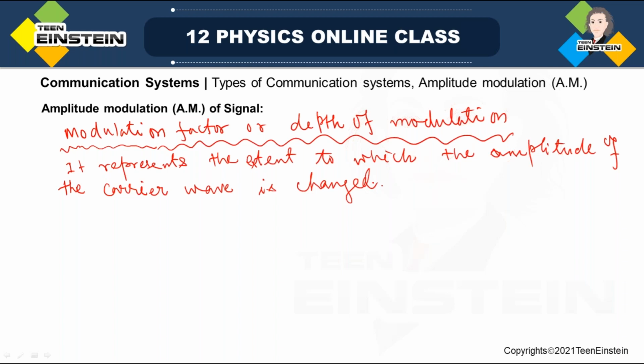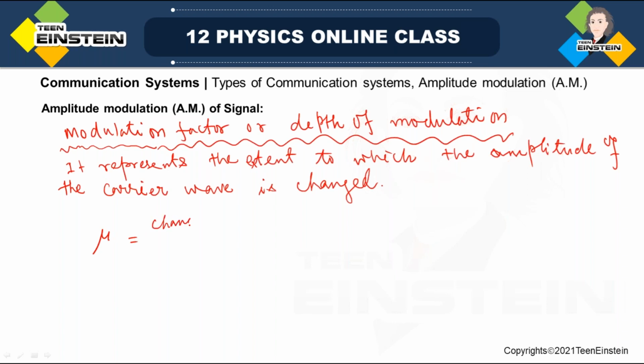And it is defined as the ratio of the change in the amplitude of the carrier wave to the amplitude of the original carrier wave. So this is denoted by mu, modulation factor or depth of modulation.